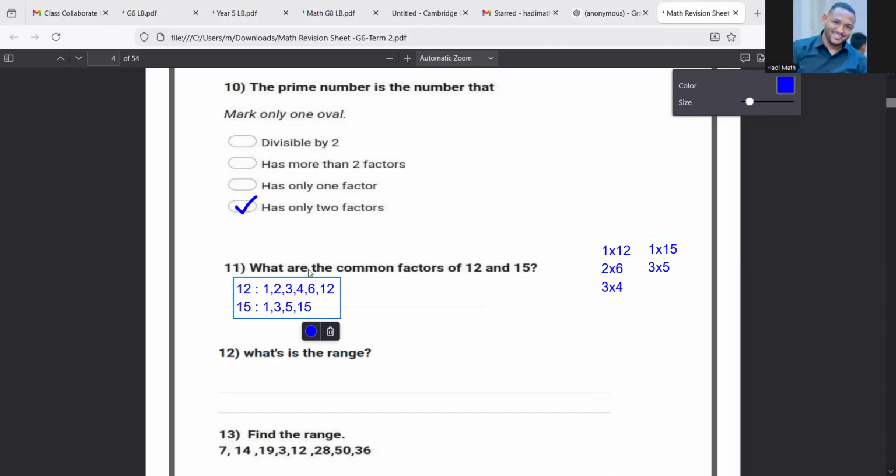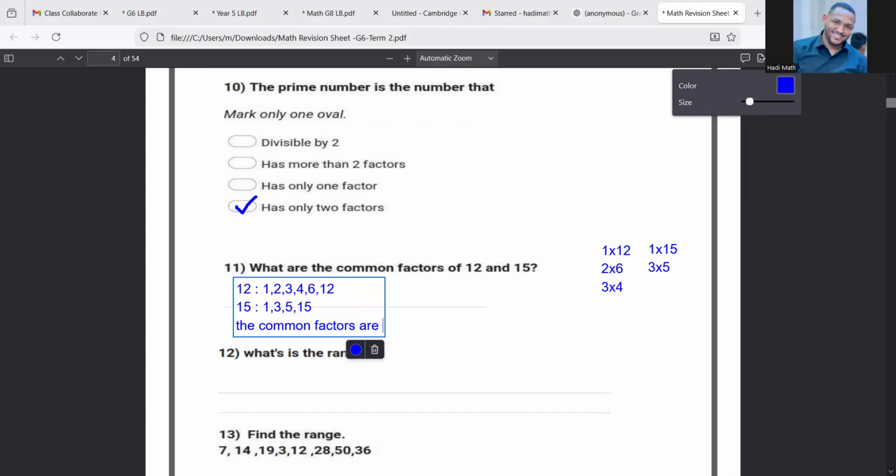They ask you what are the common factors. Then I go down and write: the common factors are. When you write the common factors, pay attention to this one.